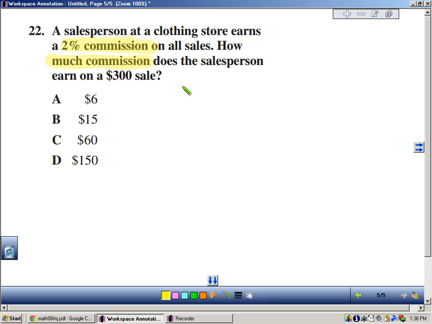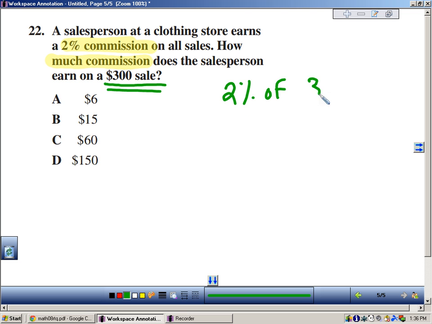So how much are they adding to her paycheck if she has a $300 sale? Okay. What's the commission amount? So how much commission does she earn? Well, this is the percent of a number. So we're finding 2% of $300. What is that amount?